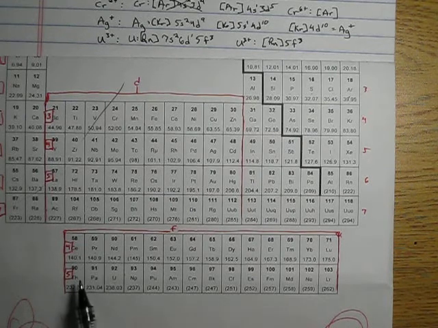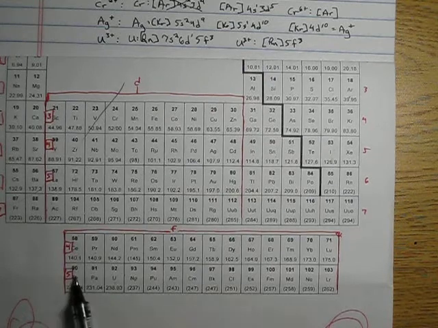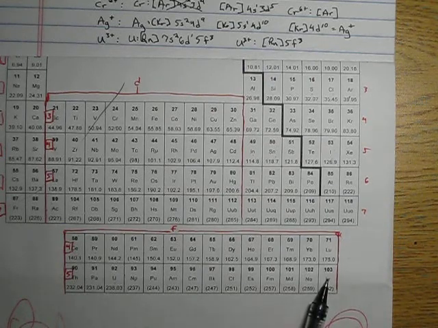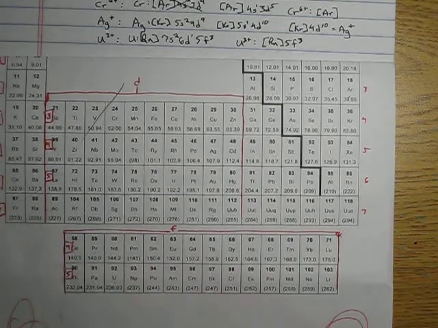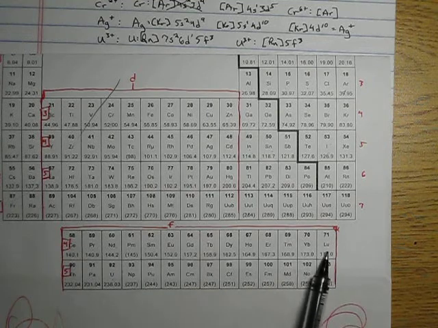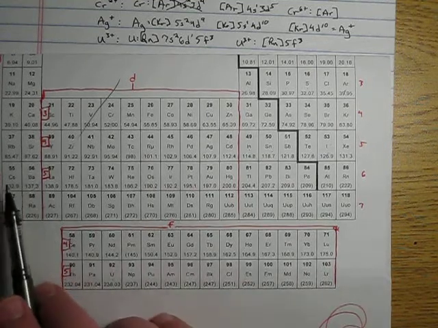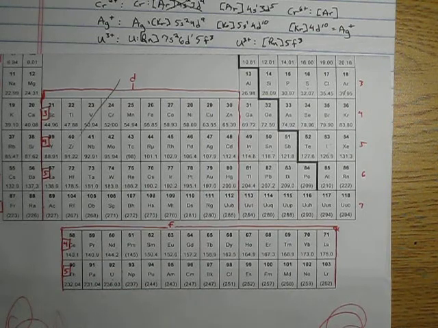Note that all of these elements here, 90 through 103, have electron configurations that include 7s2 6d1. Note that all of these, cerium through lutetium, are going to have 6s2 5d1 in their electron configuration.